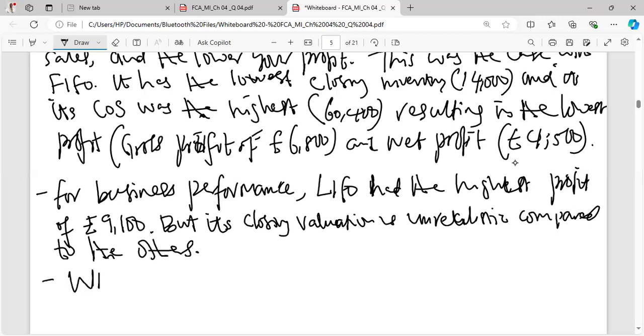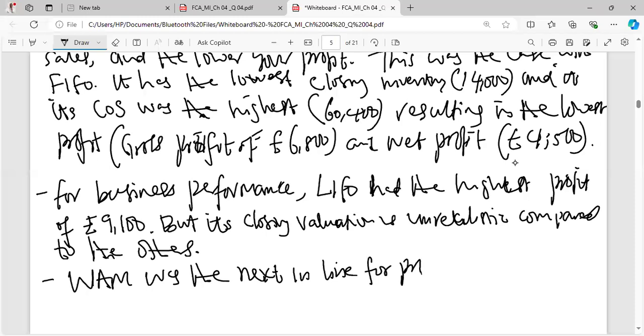WAM was the next in line for profits, which was better than FIFO.